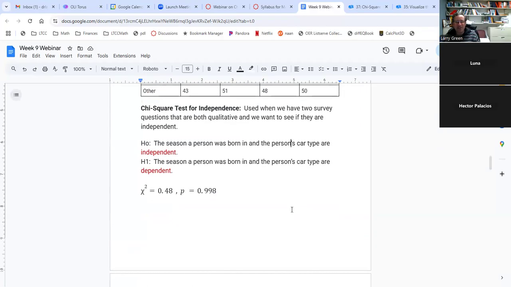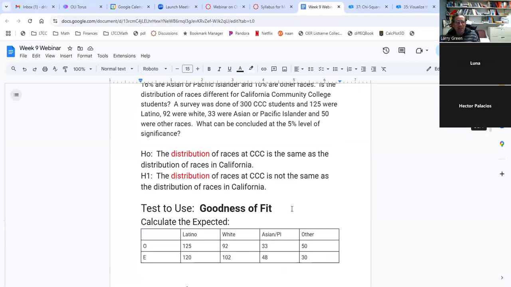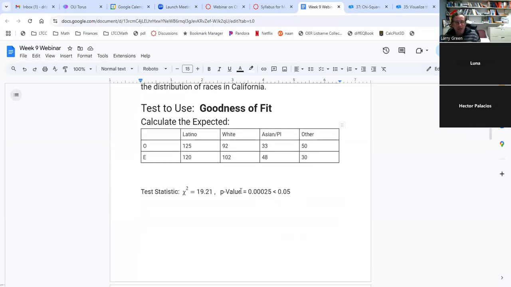Okay, any questions at all on this idea? Just something I didn't mention on the last example. We were able to say that the distribution is different. Here's what you can't say: you can't say why it's different.